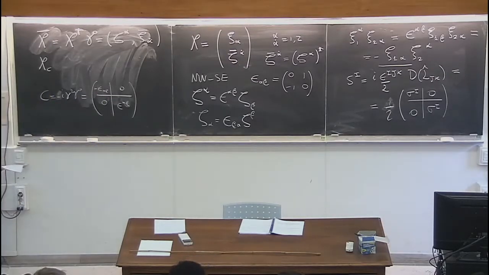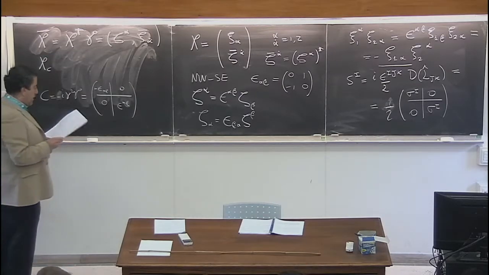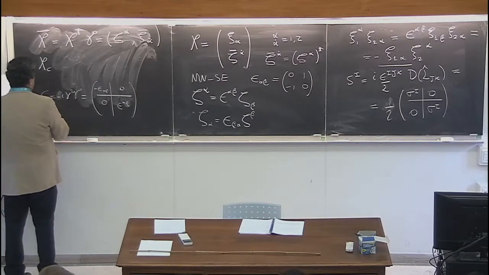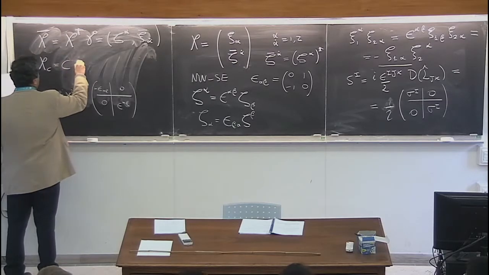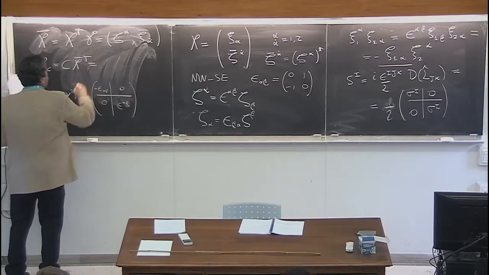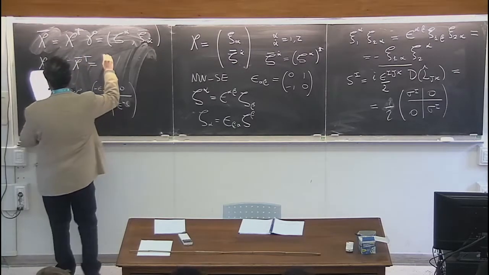It's real antisymmetric, and it coincides with minus its inverse. So if you apply the definition of charge conjugate, you find a vector like this.